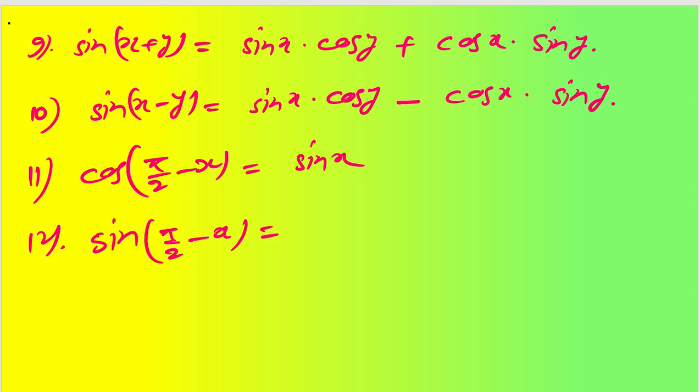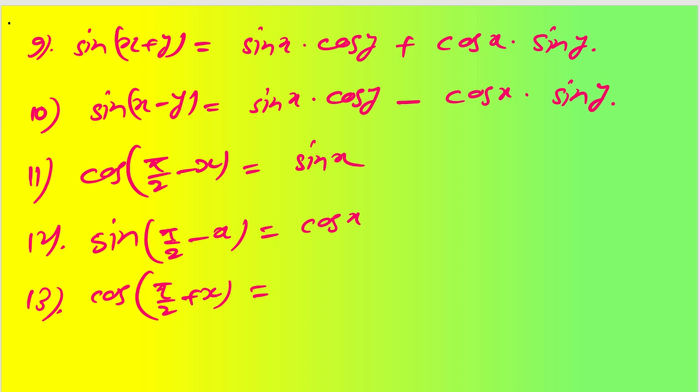Sin of pi by 2 minus x will again become cos x. Why? Because both of them are coming into the first quadrant, and in the first quadrant all the values are positive. Understood? Now we'll try to see based on the coordinates. Let us say cos of pi by 2 plus x.